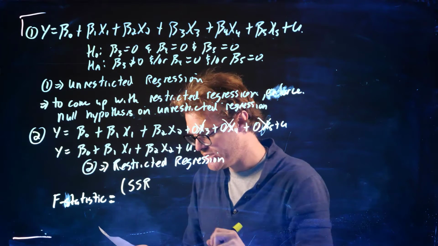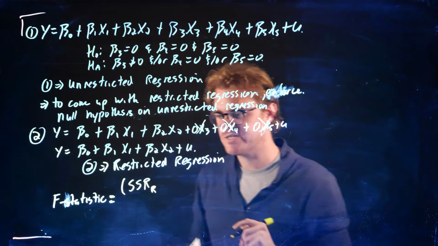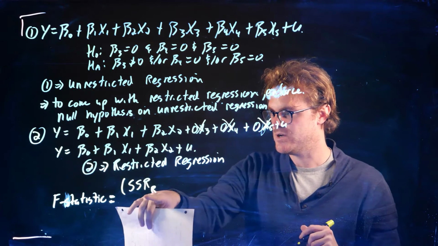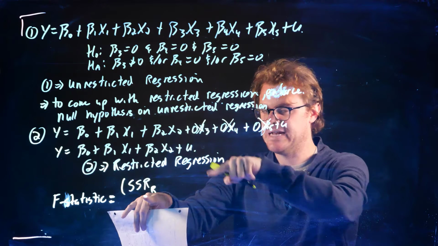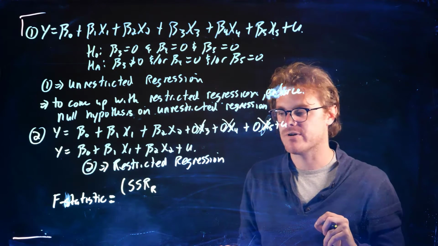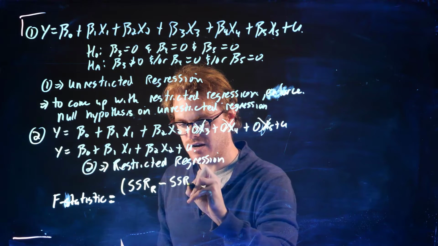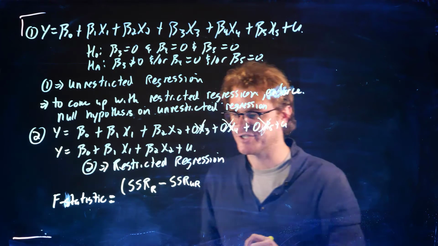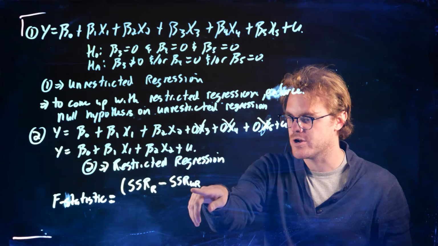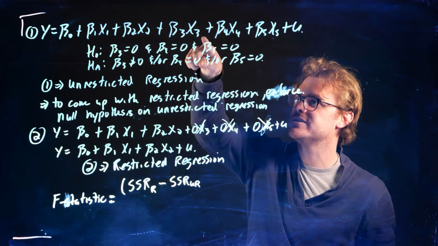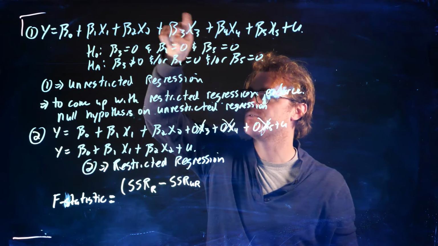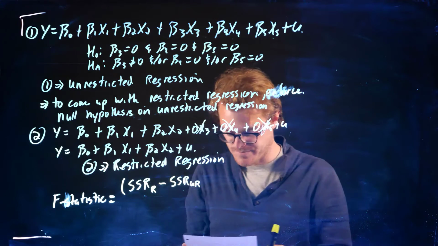Sum of squared residuals from our restricted regression. So we'd run this regression here and get the SSR from that regression. We're going to subtract the SSR from the unrestricted regression, UR or U. So from this original model, we would run this regression to get the SSR.